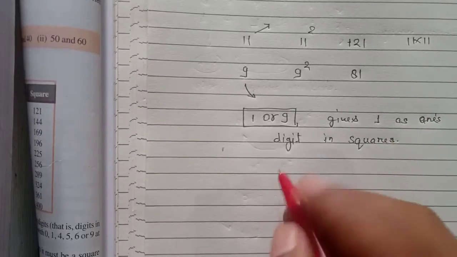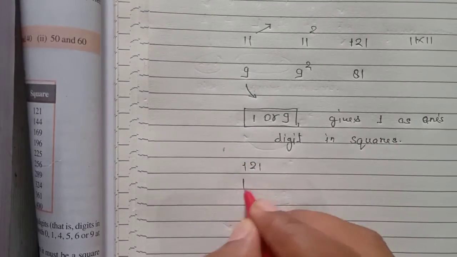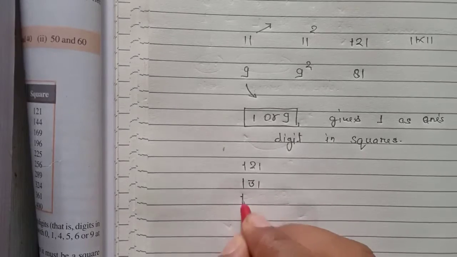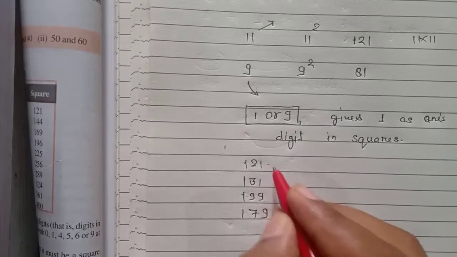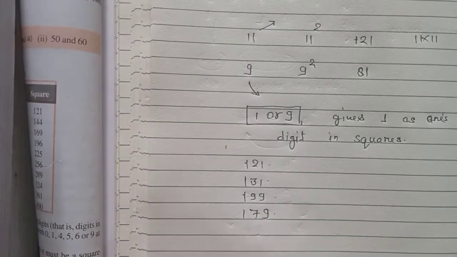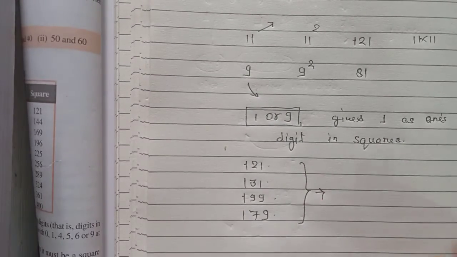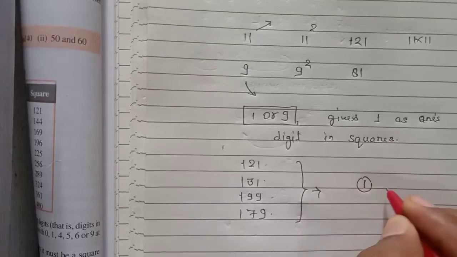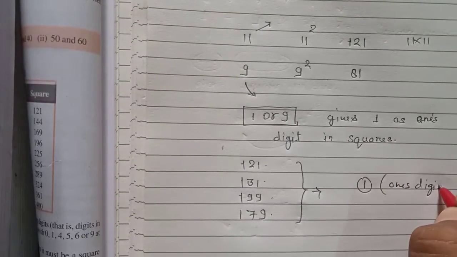It means if a number is 121 or something else like 131 and 199, 179, if 1 is available as ones digit or 9 is available as ones digit, their square number ends with 1. Ones digit of square.